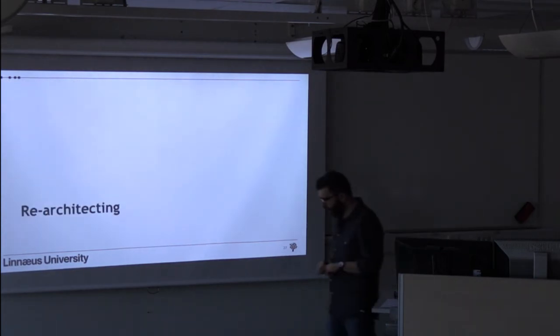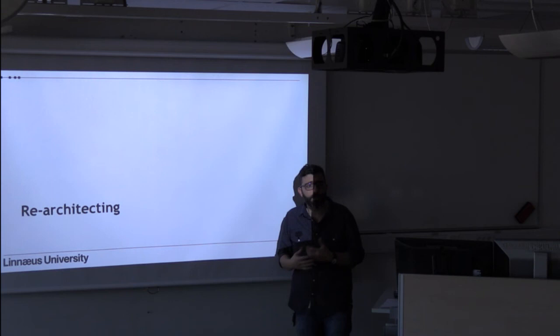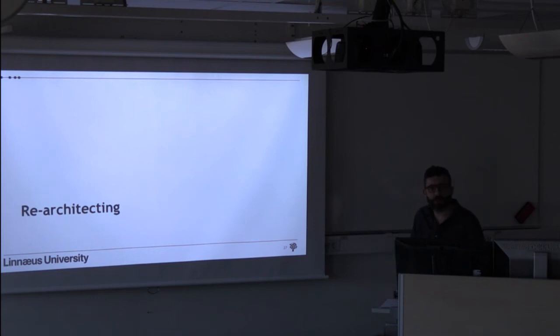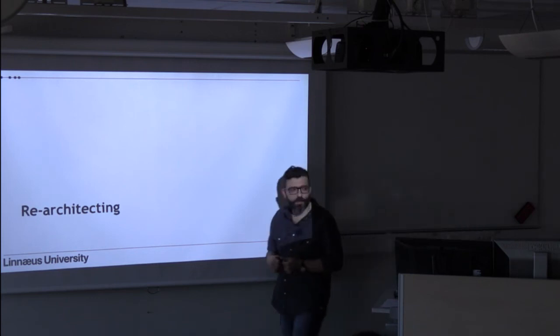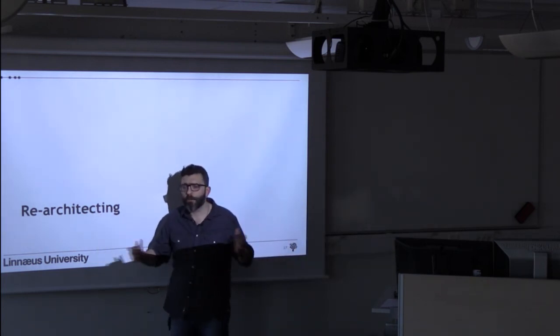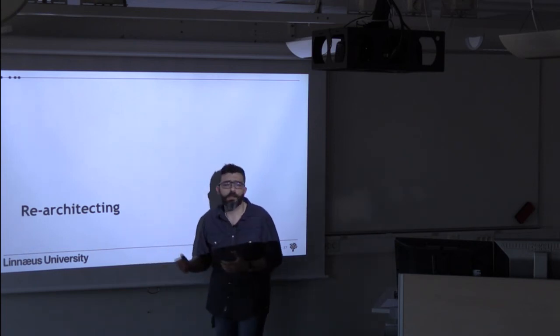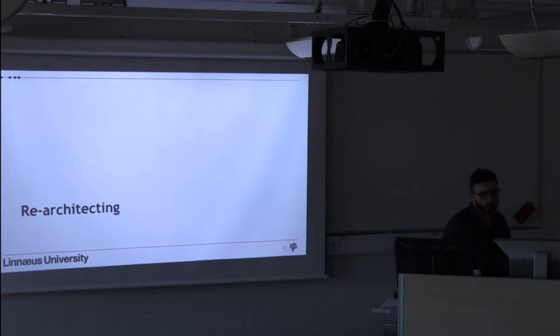Another important action to do here is re-architecting. Okay, refactoring is in terms of source code, but source code should be organized. Okay, and then we discussed last time that in order to organize software, we need architecture. Then sometimes we need to change completely the structure of the software in order to improve its quality.